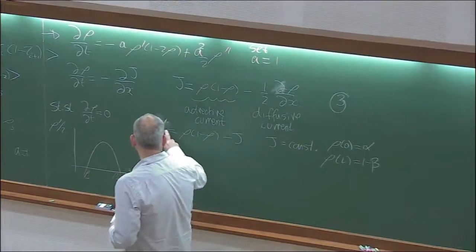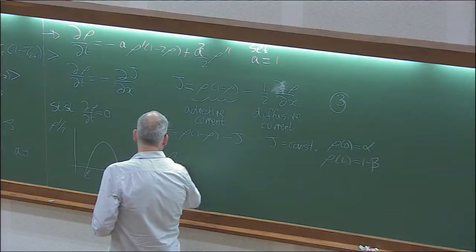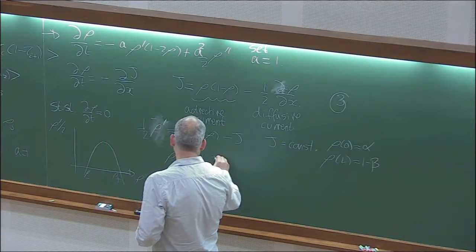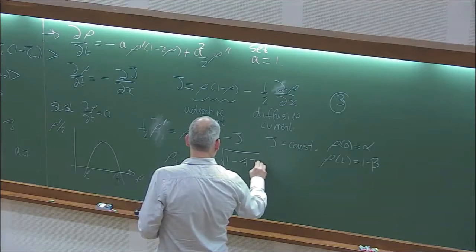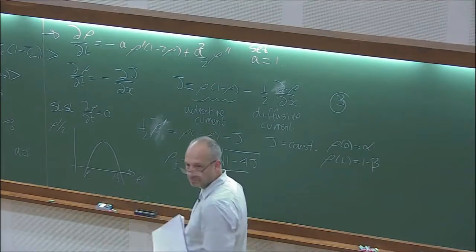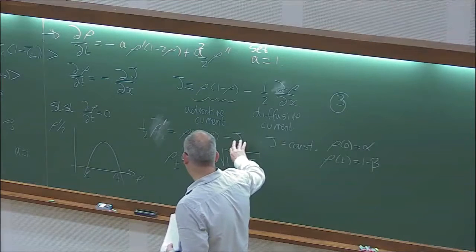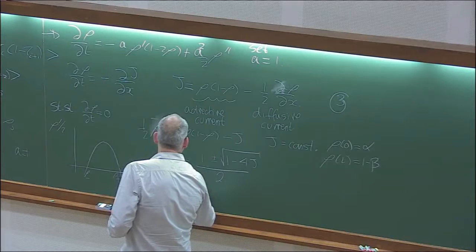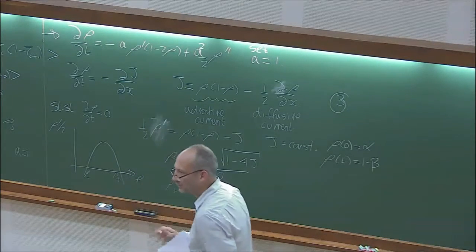And these values are the roots of this quadratic. So rho plus-minus is, if I work out that quadratic, 1 plus or minus the square root of 1 minus 4j, all over 2. Simple, that's the roots of this quadratic. And of course, I just note that rho plus times rho minus is equal to 1. I note that for later.